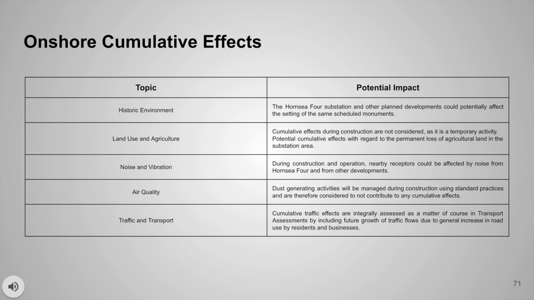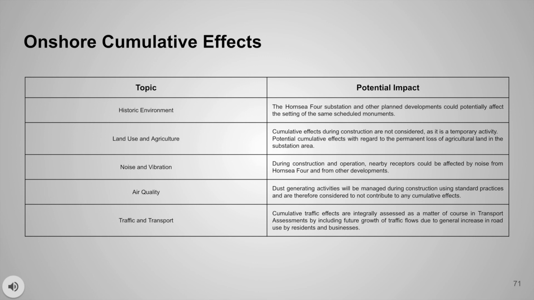Examples of these effects would be potential effects on the setting of the same scheduled monument. It could be effects with regard to the permanent loss of agricultural land and the substantial area would be an effect on land use and agriculture. Another would be during construction and operation, where nearby receptors could be affected by noise from Hornsea 4 and from other developments.